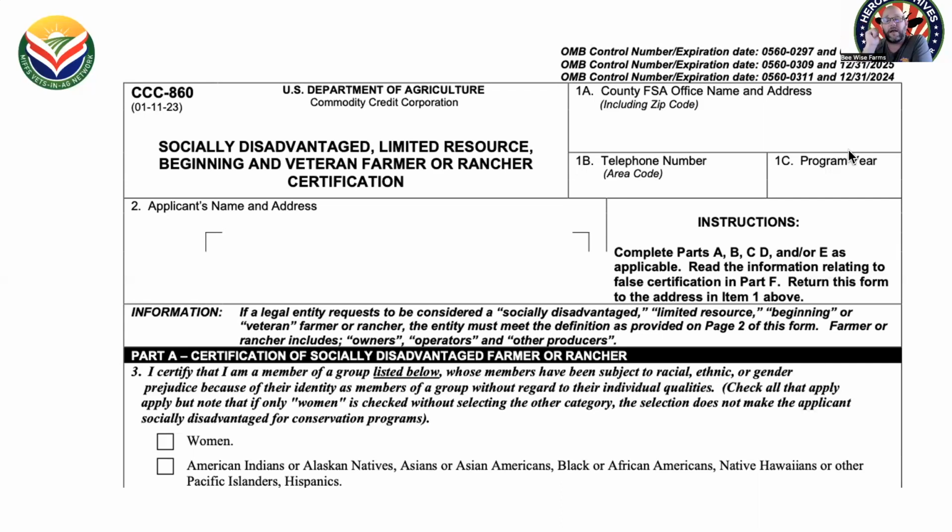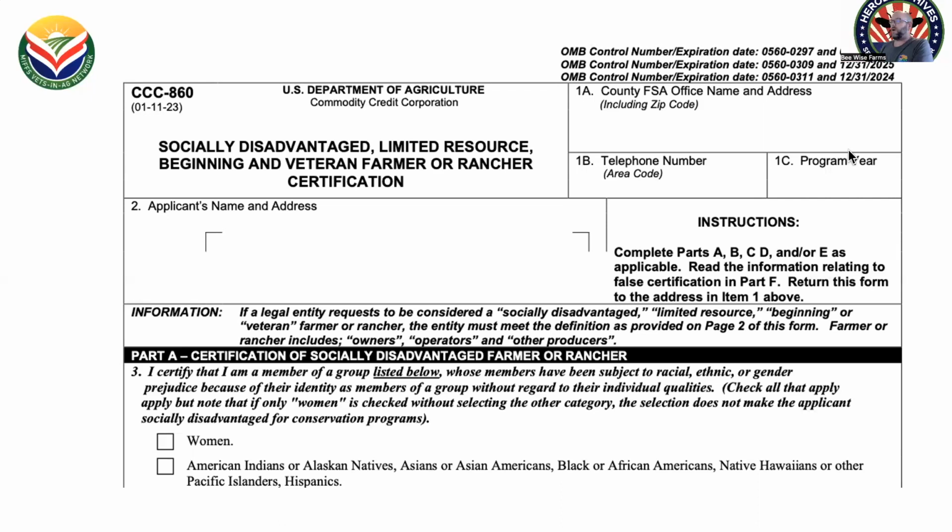Because of that, veteran applications to these programs tend to get approved at a much higher rate than a civilian. You may apply for a program once and get funding, as opposed to someone who's not a veteran, who may apply many times and still not get funding. So it is a very advantageous thing to have veteran preference. But let's talk about the limitations to that in this form.